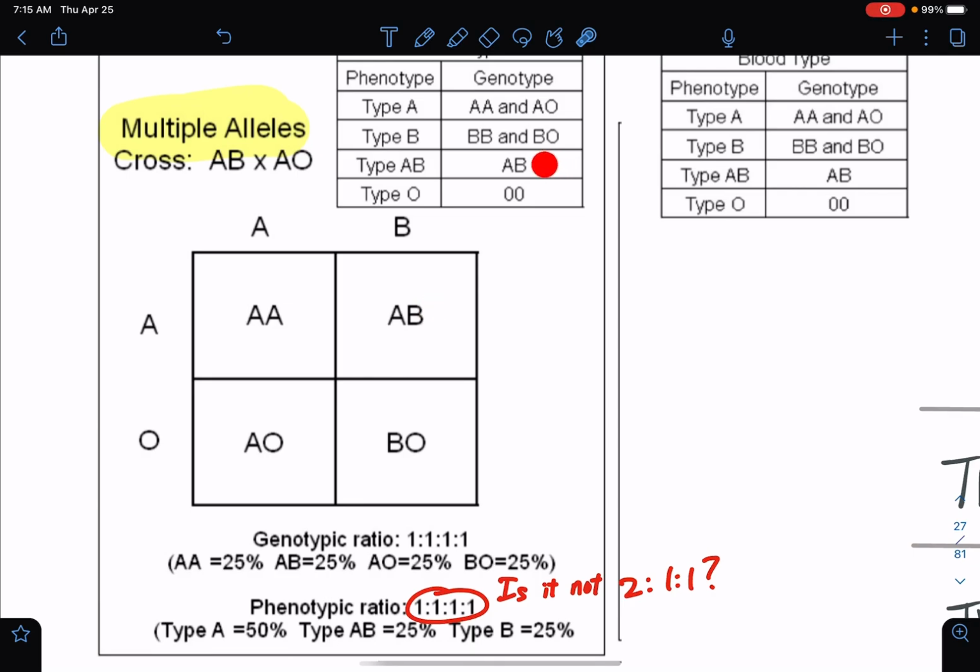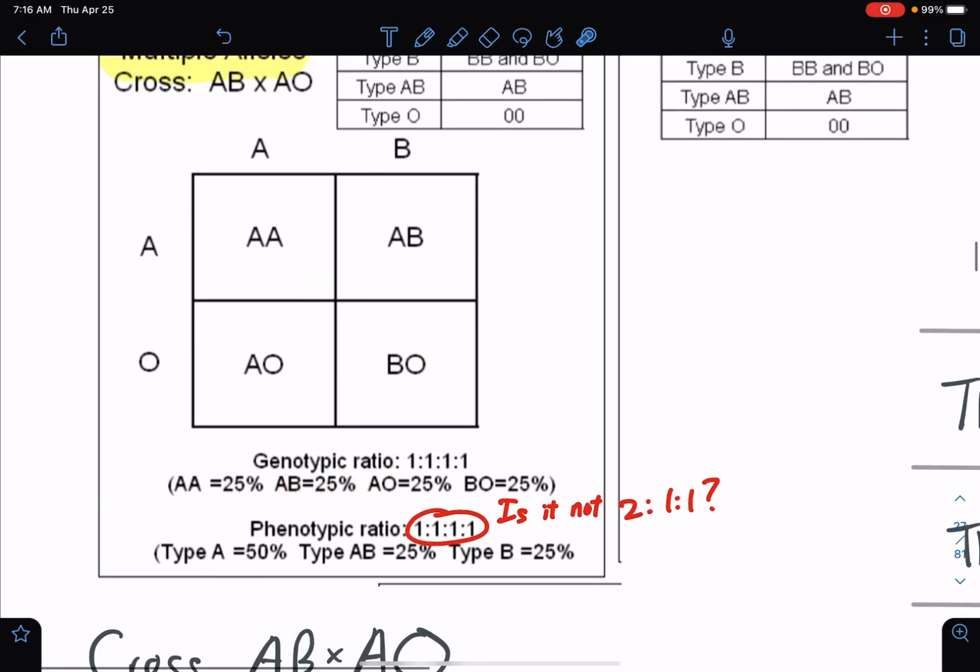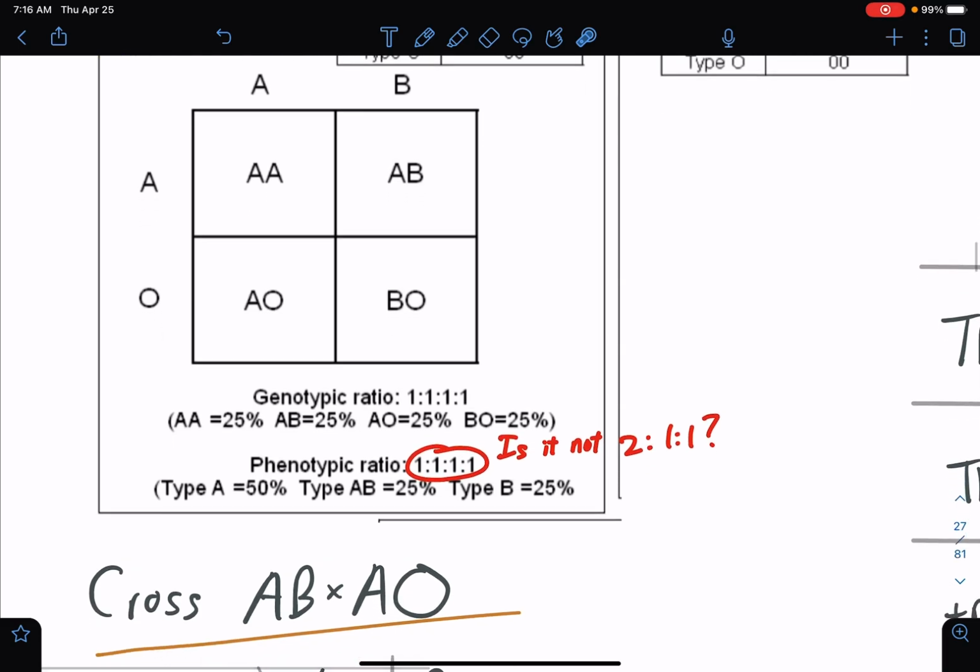For AO, similar to the first offspring, he or she has type A, and BO corresponds to blood type B. So 25% for each. They're all different from each other, four of them. And for the phenotypic ratio, just translate the symbols to what they mean.